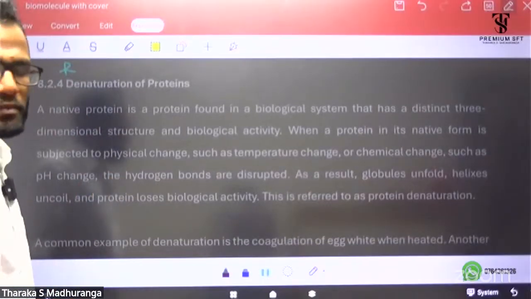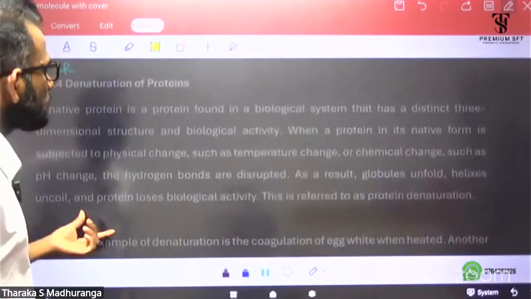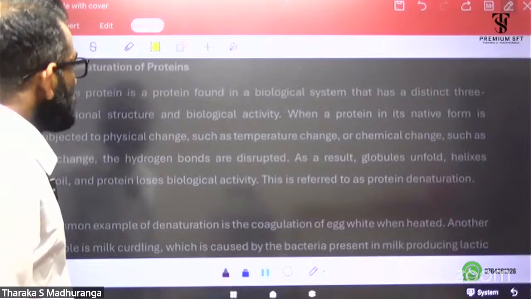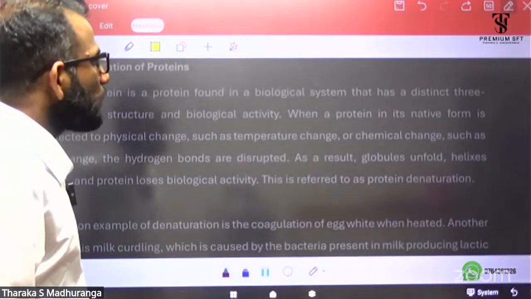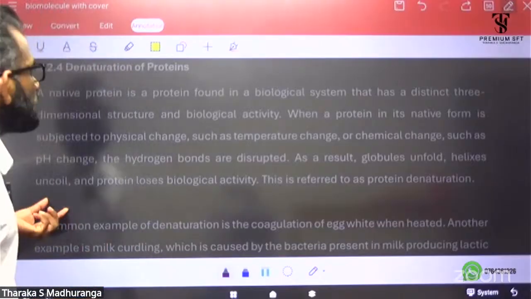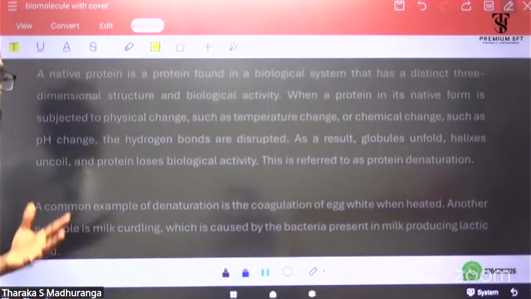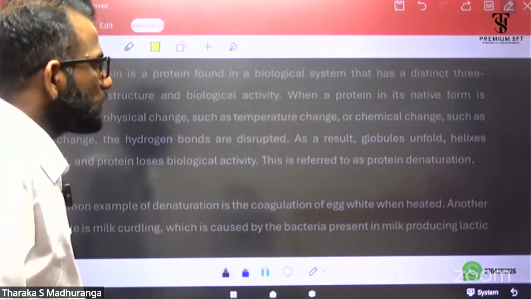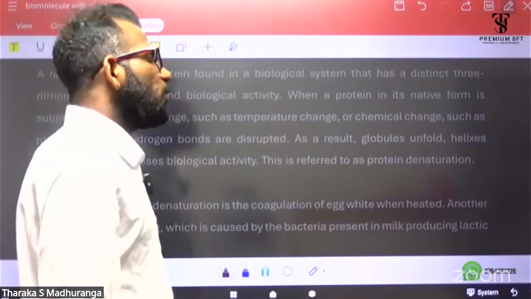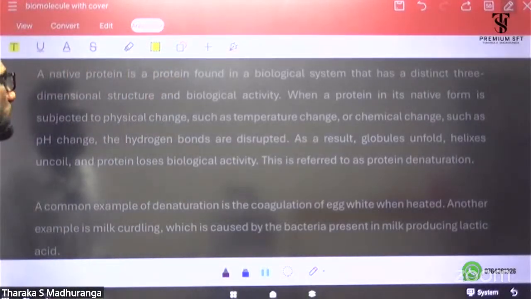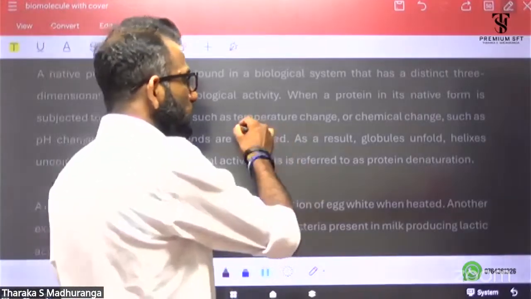A native protein is a protein found in a biological system that has a distinct three-dimensional structure and biological activity, like enzymes. When a native protein is subjected to physical change such as temperature, it is affected.